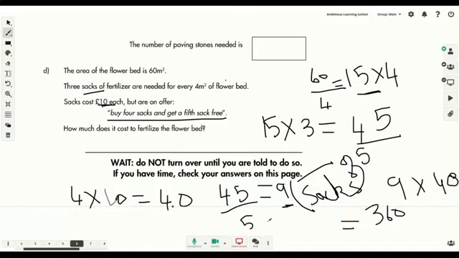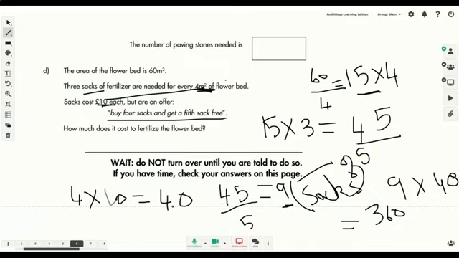So we need to know the cost for 4. 4 is multiplied by 10. Need to know how much they cost. So just multiply 4 by 10. That gives you 40.